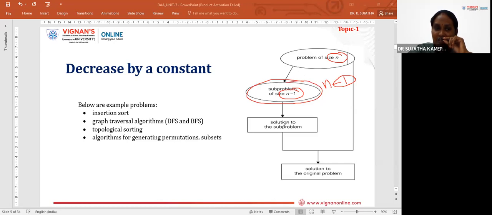Then you find the solution to that subproblem. At the next step, you reduce it to size n minus 2, and so on. At every step you reduce the problem size by 1, find the solutions for those subproblems, and finally obtain the solution of the original problem.